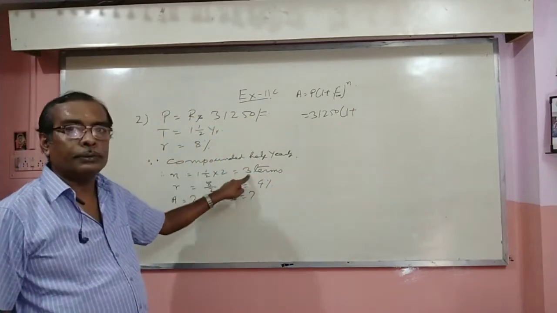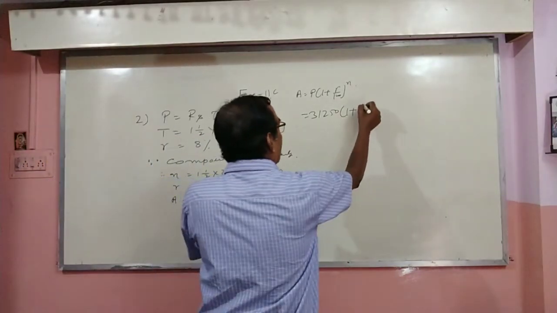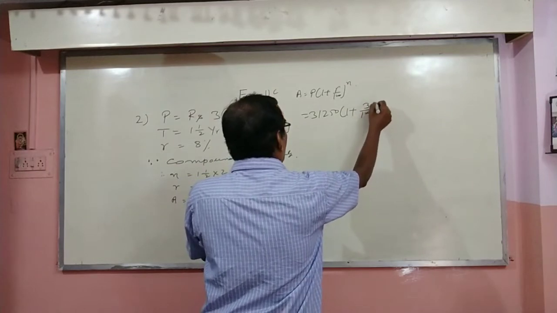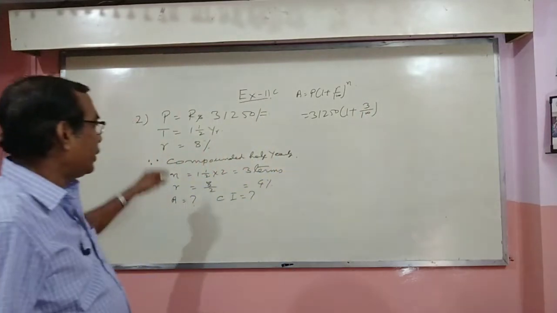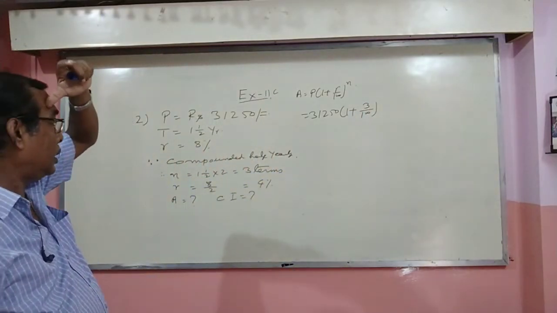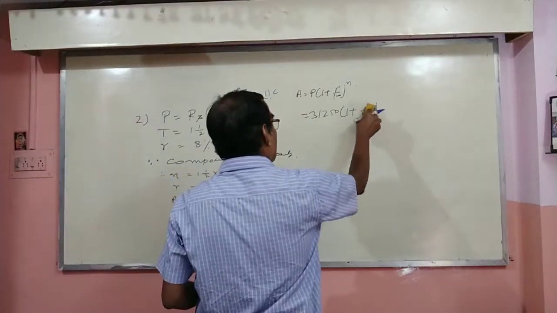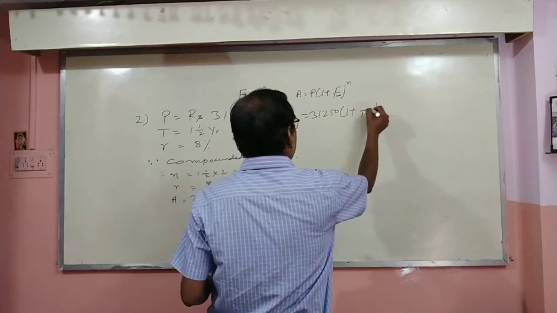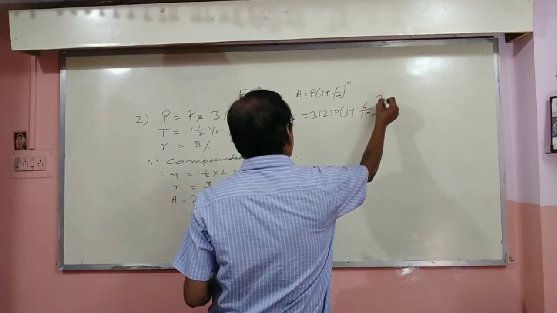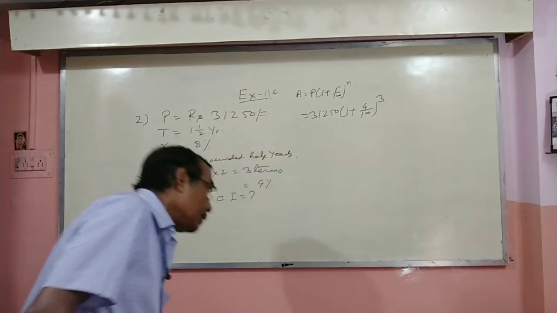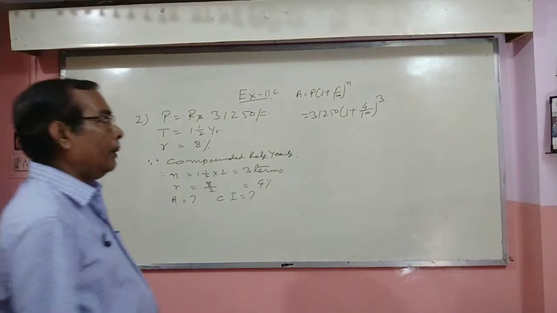Rate here is 4, so write here 4 by 100, whole power n. The rate is given as 8%, which becomes half, 4%, and the time will be 3 terms. So this is actually the matter.